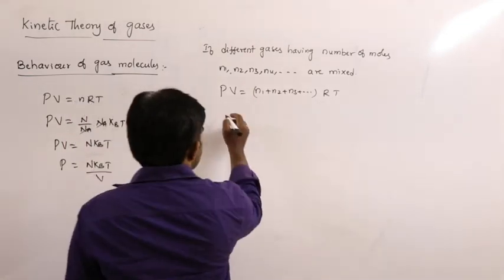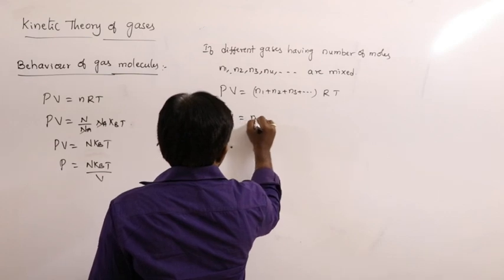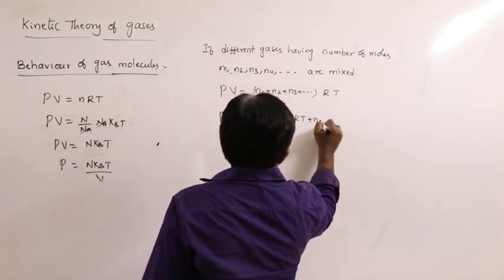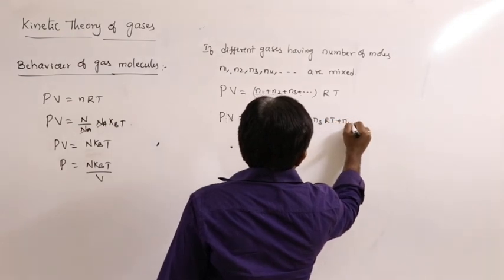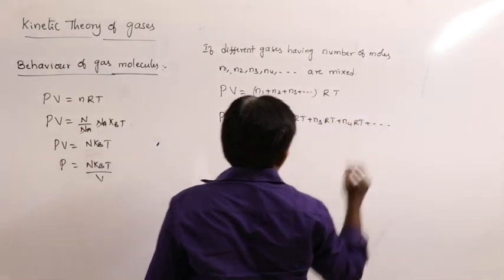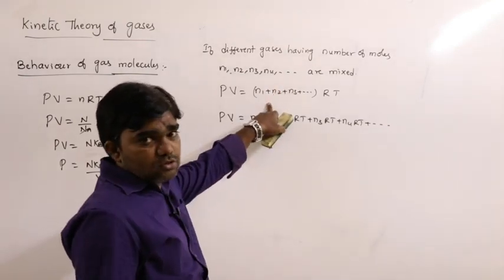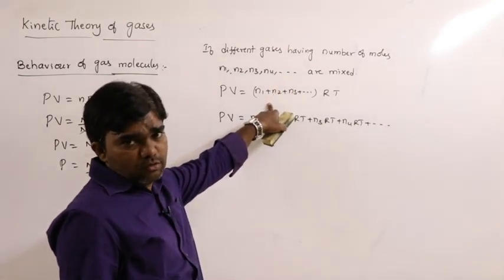So from this we can write PV is equal to N1 RT plus N2 RT plus N3 RT plus N4 RT and so on. The total number of moles of the system is equal to the sum of individual numbers of moles.